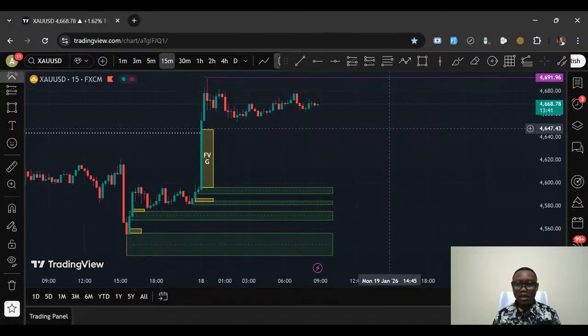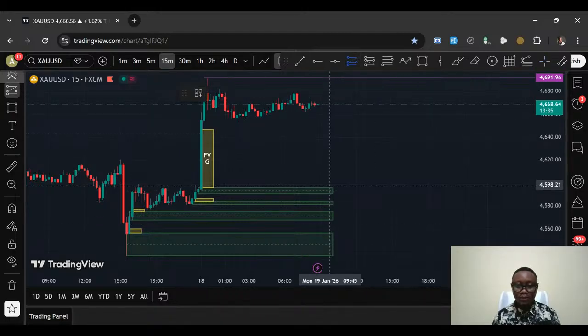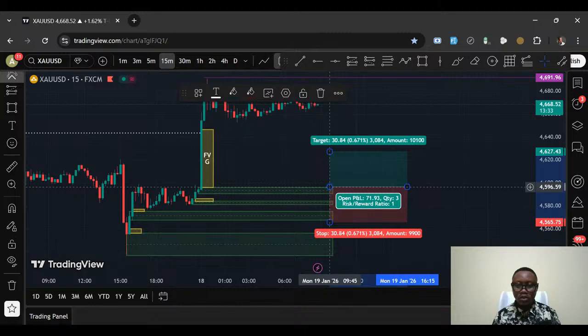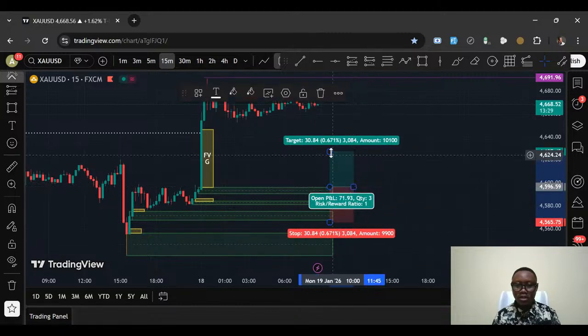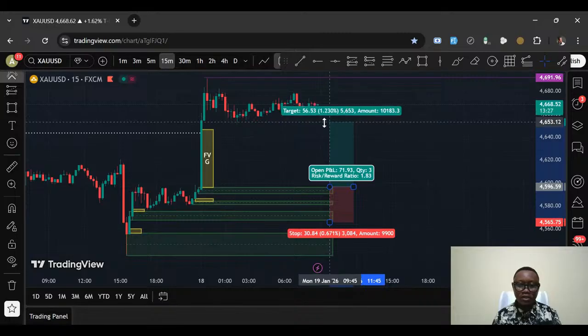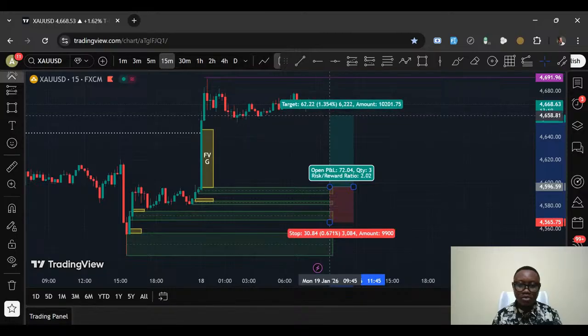Now let me mark out our entry coordinates. So this is where you'll be placing your entry. You're taking profits at this, just target 2R, right?